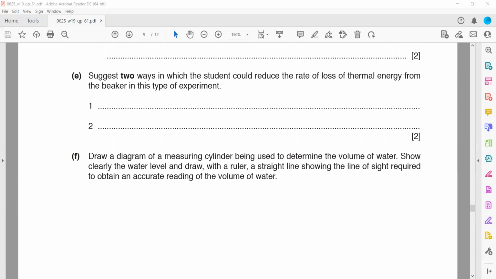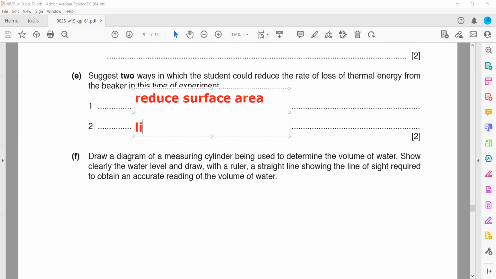If the starting temperature is high, the rate of heat loss is higher. Or we can reduce the surface area of the container, or we can use a lid to reduce the rate of heat loss.